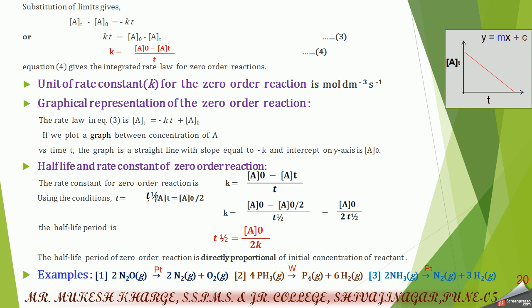Third example is decomposition of ammonia gas on platinum metal. So 2NH3 gas gives N2 gas plus 3H2 gas in presence of platinum. In this example, if you observe, the metal surface, which is the platinum, gets completely covered by a layer of ammonia molecules.